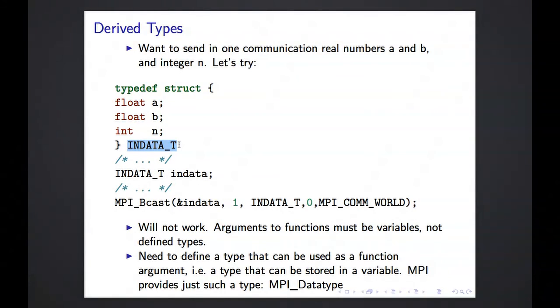What would happen if we try to send this data using an MPI command, where instead of a data type, we indicate the structure type that you want to send? Well, this will not work because we have a function here, and arguments to functions in this case must be variables, and they cannot be defined types. So we need a way to define a type that can be used as a function argument. In other words, a type which can be stored in a variable. And MPI provides precisely such a type. It's called MPI_Datatype.